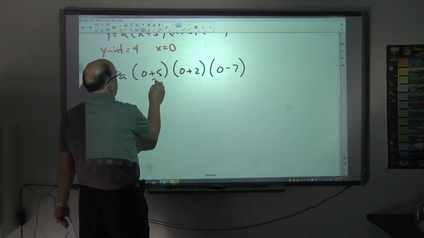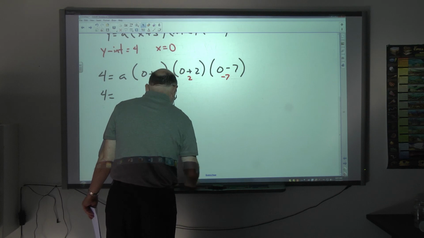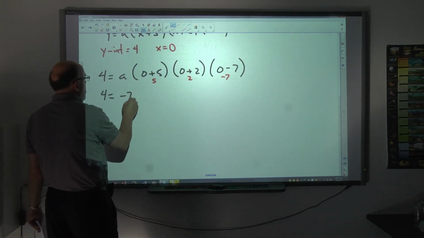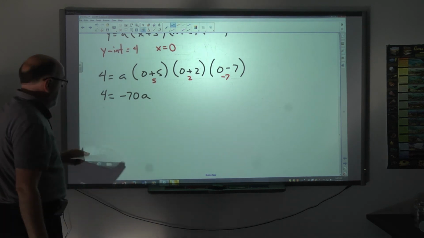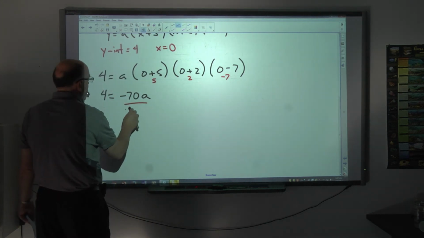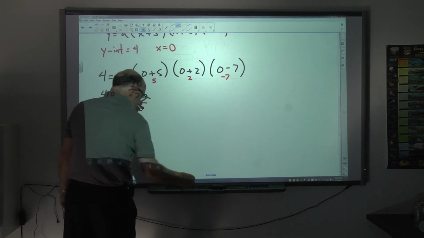So obviously this will be 5, this will be 2, this will be negative 7. And so this will give us a negative 70a. And then the opposite of multiplying is to divide. So divide by negative 70, divide by negative 70.